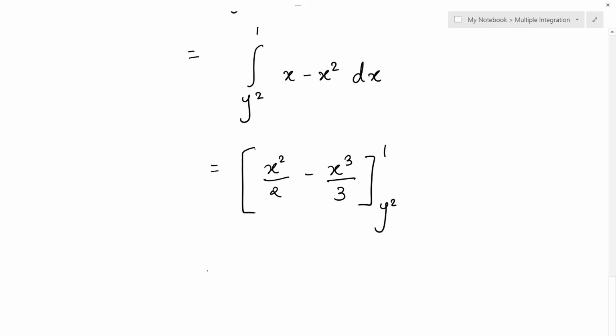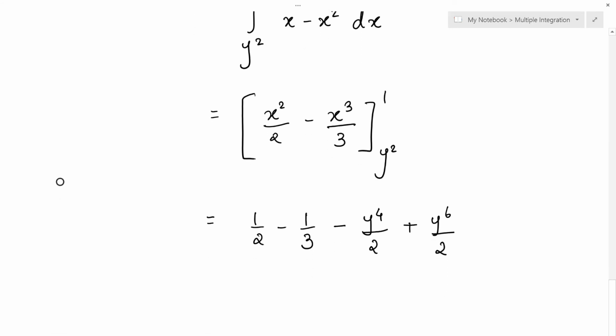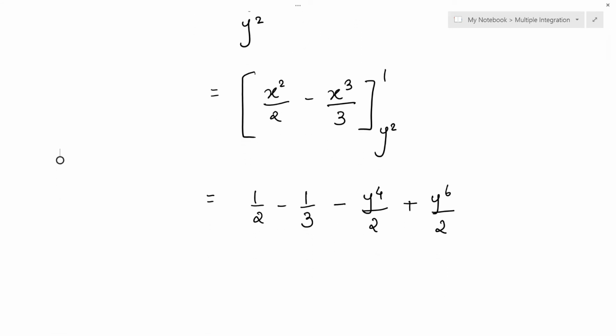So now you will substitute the upper limit first, that is 1 by 2 minus 1 by 3, and then the lower limit, that is y raised to 4 upon 2 and y raised to 6 upon 3. By laws of indices, y square cube is y raised to 6. So this is what you have got as the answer of I2. So now for the final integration I, you will substitute this integration over there.